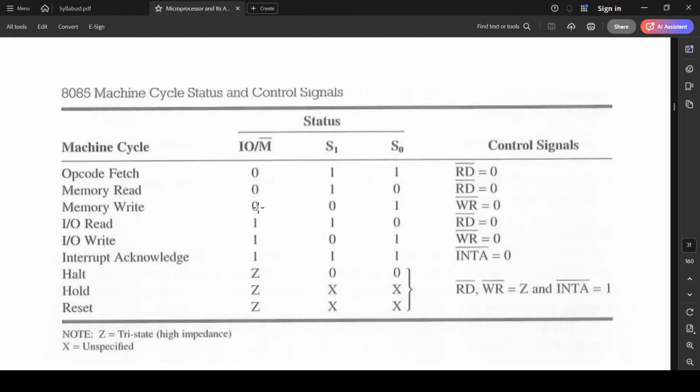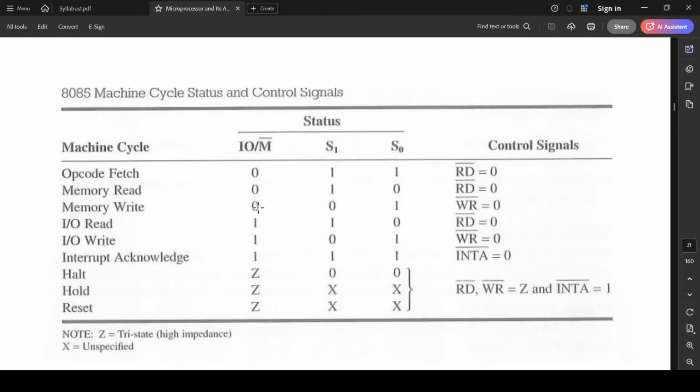Then what was after this? Input output read, input output write. Input output read will become 1, 0, 1, and input output write will become 1, 1, 0, I think. So RD is equal to 0 in this, and WR is equal to 0 in this. And after this, there was some interruption thing.